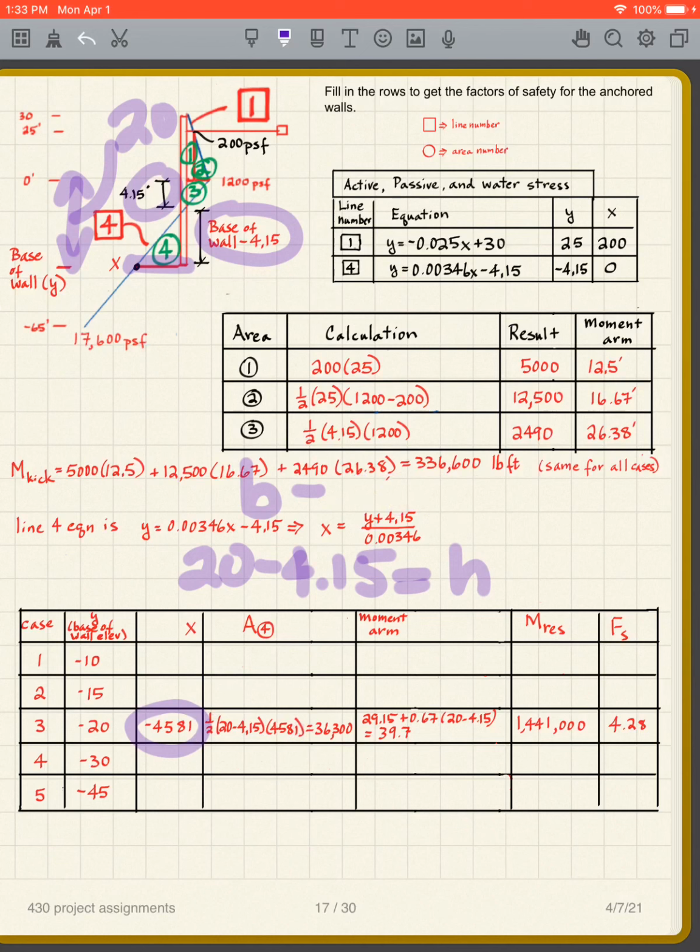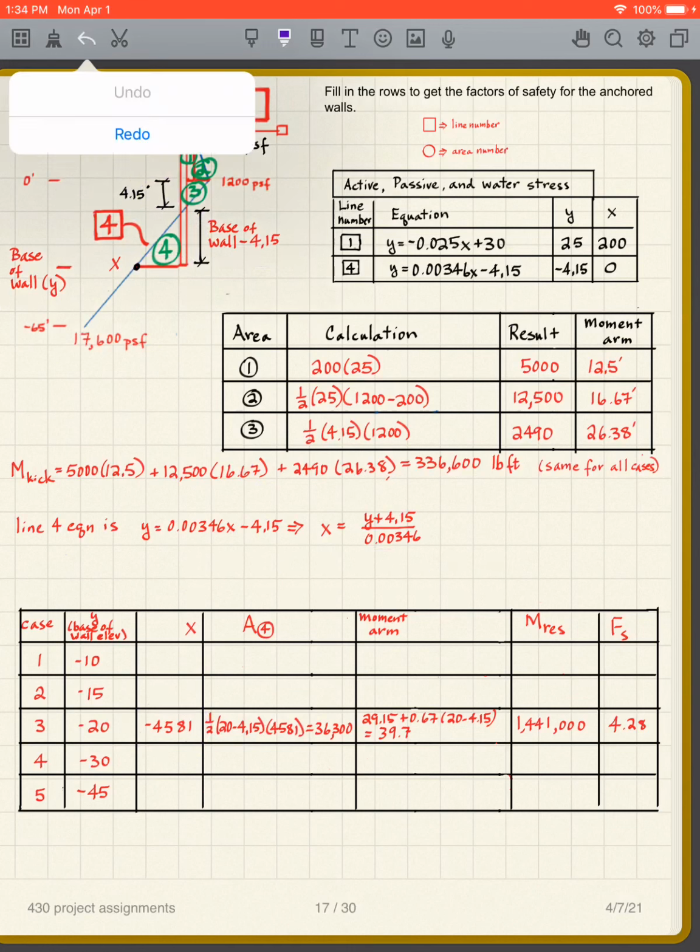And then I need to get the moment arm for area 4, which, again, we're taking moments about this point here.